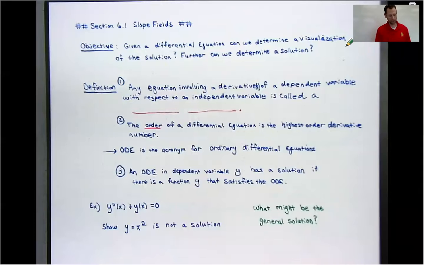So I'm going to give a couple of different definitions here. Differential equations is a whole branch of mathematics, and there are textbooks upon textbooks written about this particular field. There's lots of acronyms and a lot of nomenclature and vocabulary.